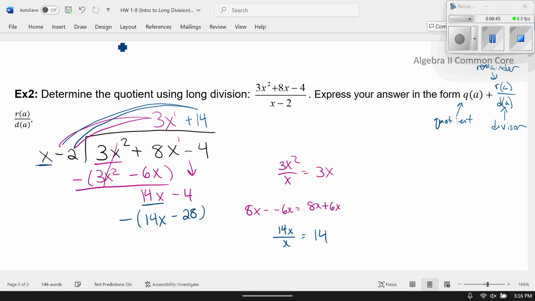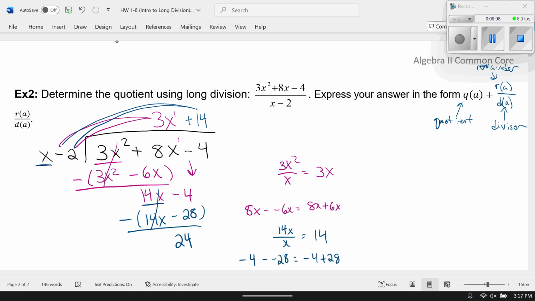We put parentheses when we subtract. 14x minus 14x is 0. Those should always cross out. Now you have negative 4 minus negative 28. That's negative 4 plus 28, which is going to give me 24.